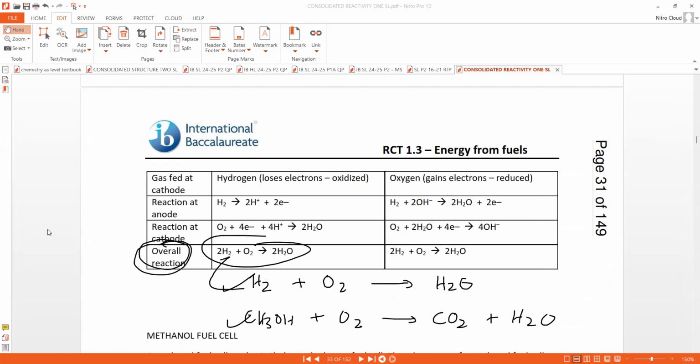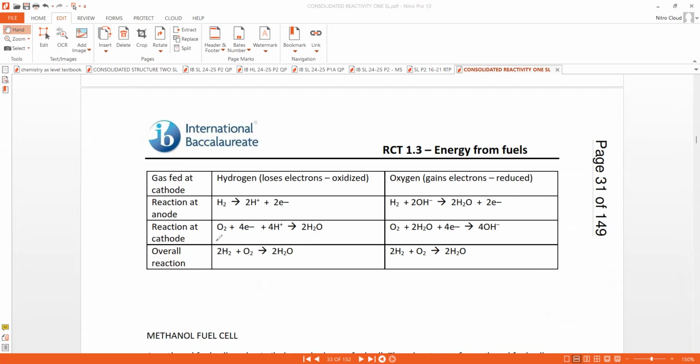Individual reactions at the electrodes. Now when hydrogen is getting oxidized and oxygen is getting reduced, hydrogen will lose electrons because it's getting oxidized and it will become 2H plus. Okay. Now oxygen will get reduced, which means it will gain electrons. It will gain 4 electrons because each oxygen can gain 2 electrons and there are 2 oxygens.